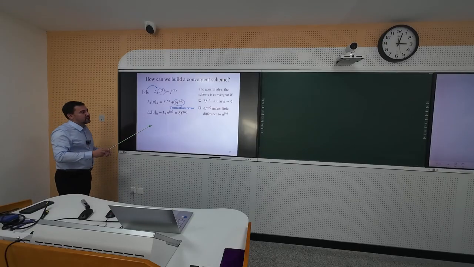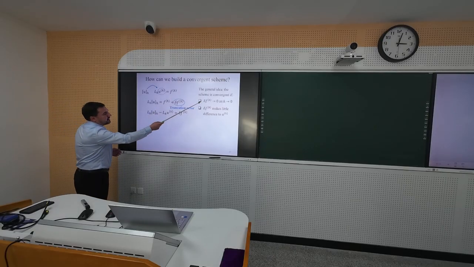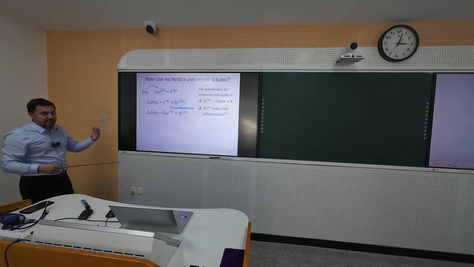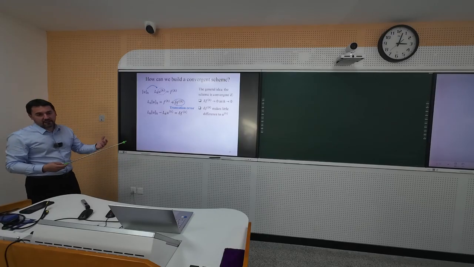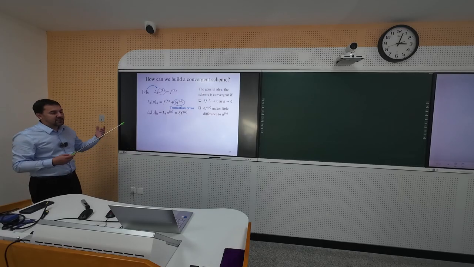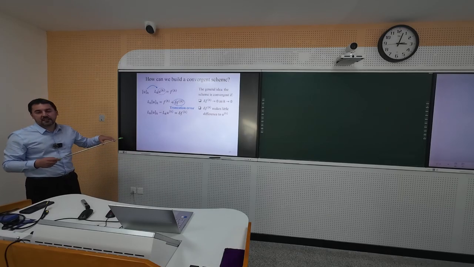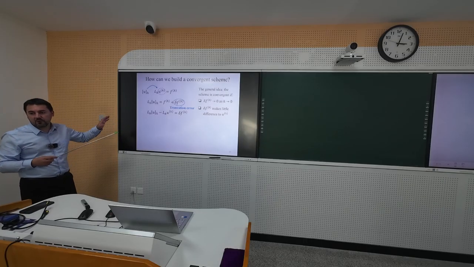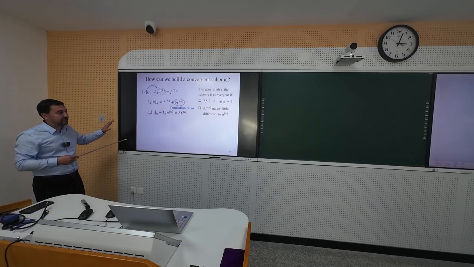So the first one is the consistency requirement, and this is the stability requirement. Consistency means that our finite difference approximation is reasonable, is relevant, and we can check it using formal analysis, like we have done when we analyzed, for example, schemes of numerical differentiation using undetermined coefficients.